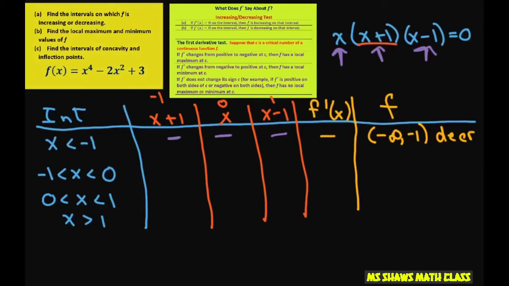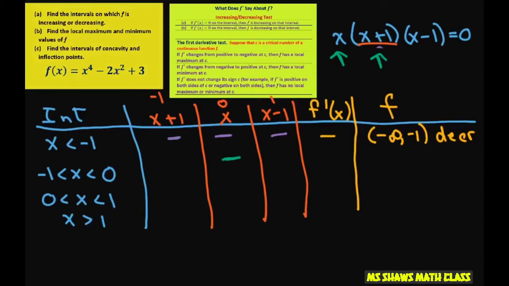All right, next one. We want a number between negative 1 and 0. So negative 1 to 0 is going to be a negative number. If I plug in a negative here, that's going to be negative. A negative here is going to make that a positive.